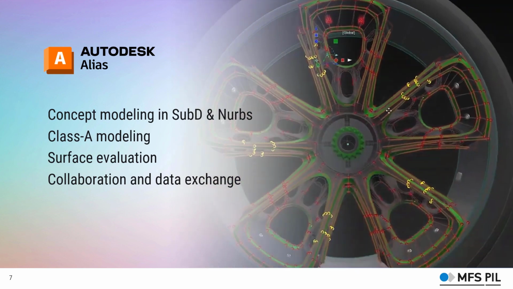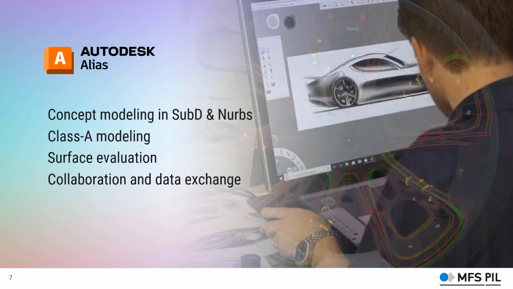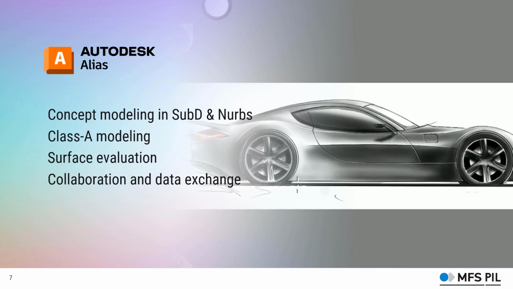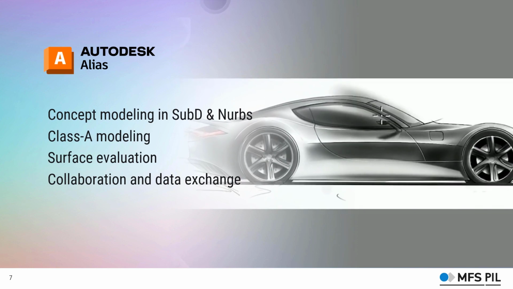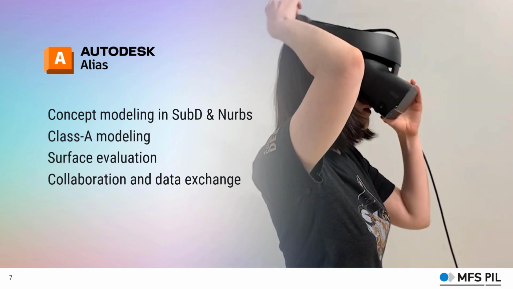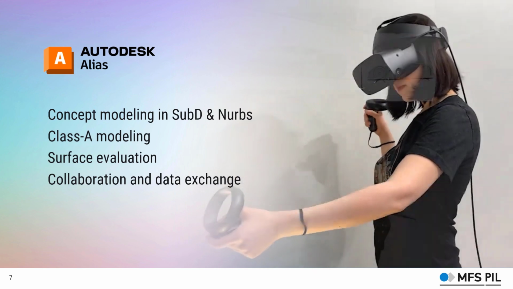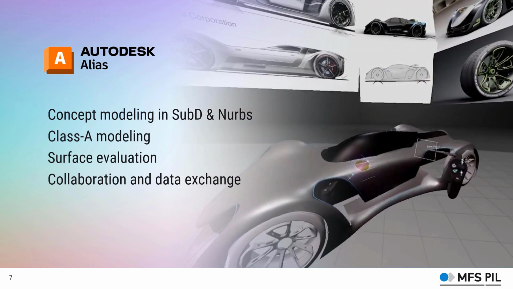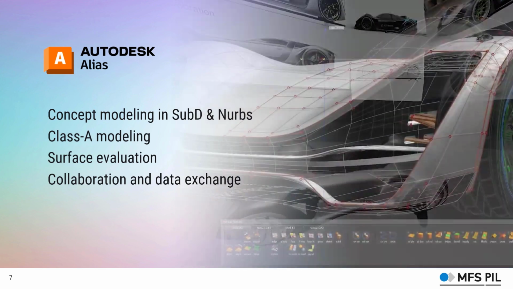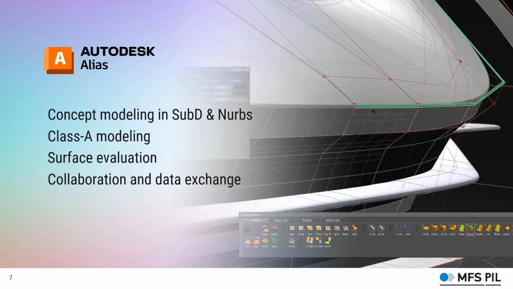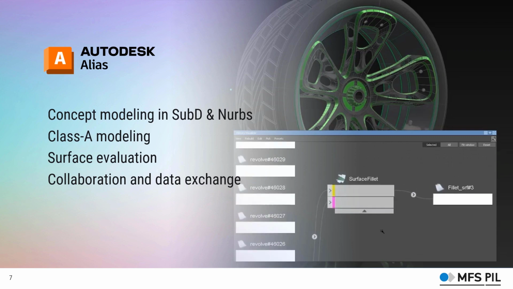Concept modeling basically means making a shape that can quickly be changed to react to design changes to catch the feeling that you want. And class A modeling is the process when the main design is set and you want to get the high quality surfaces that you need, especially for high gloss surfaces as you have in car design.